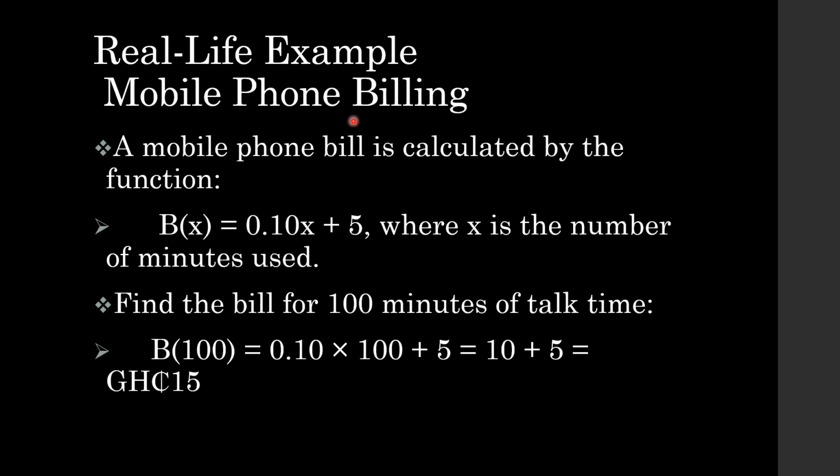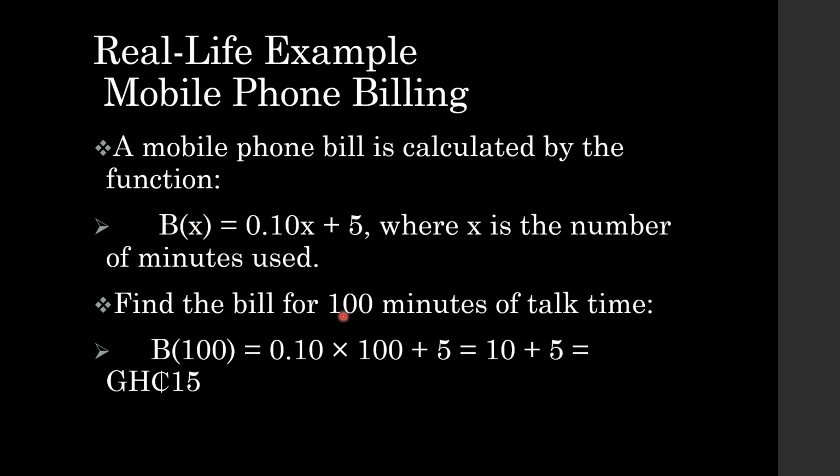We can also move to a real life mobile phone billing. A mobile phone billing is calculated by using the modeled function b of x, where x is the number of minutes used. So the b represents the mobile phone billing. The b of x is the bill.